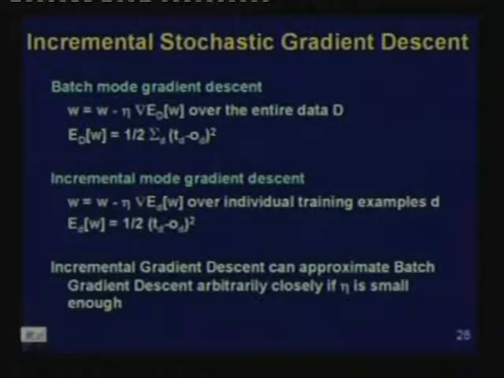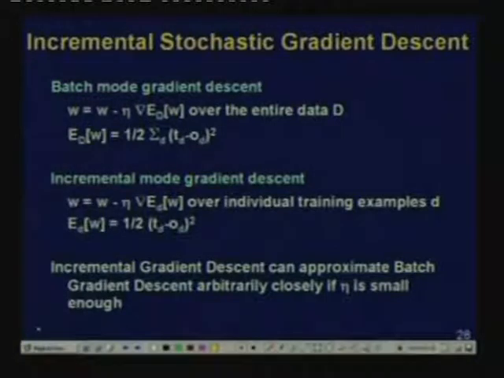This version is called the batch mode gradient descent, where the weight takes care of the error over all the training examples. However, this is expensive to apply because after processing all the training examples once, we are able to adjust the weight values only once, and therefore, this process can take a very long time.